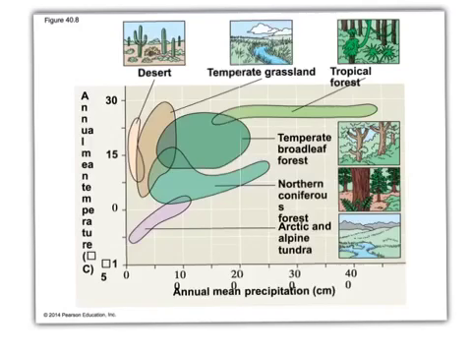More precipitation and high temperature, you end up with a tropical rainforest. Very little precipitation but high temperature, you end up with a desert. Then you can look at all the differences in between. Questions on that? So this is an example of a climograph.